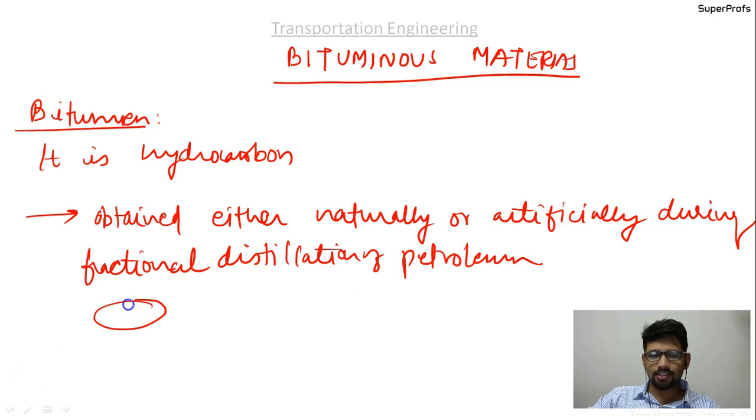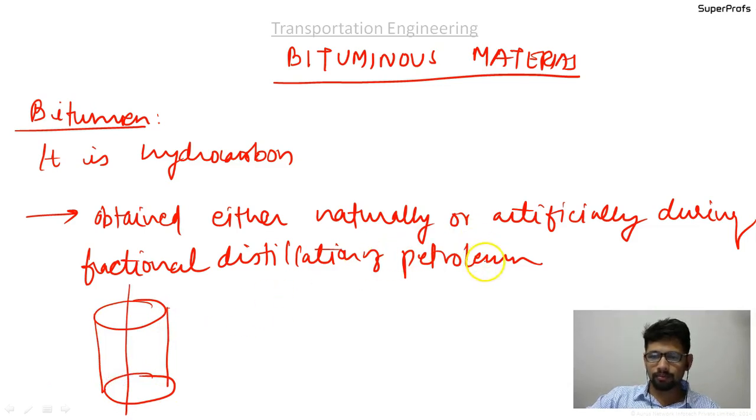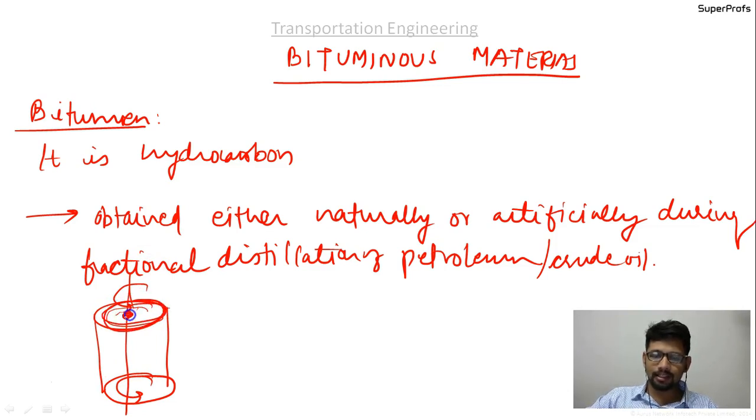In fractional distillation, there is an arrangement of this kind, and there is a cylinder like this, and the crude oil or the petroleum is rotated in this. When it is rotated like this, the dense material goes to the periphery, and the lighter material is left in the center. So the lighter material is sucked out.